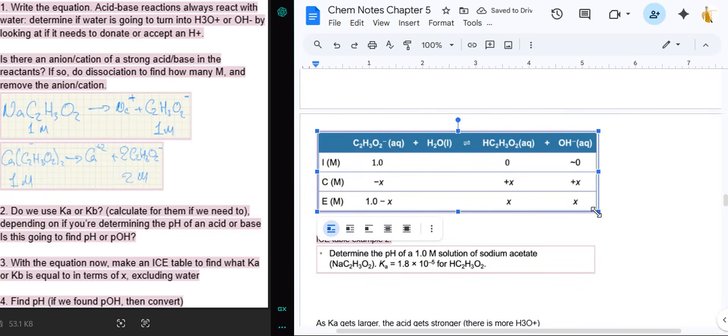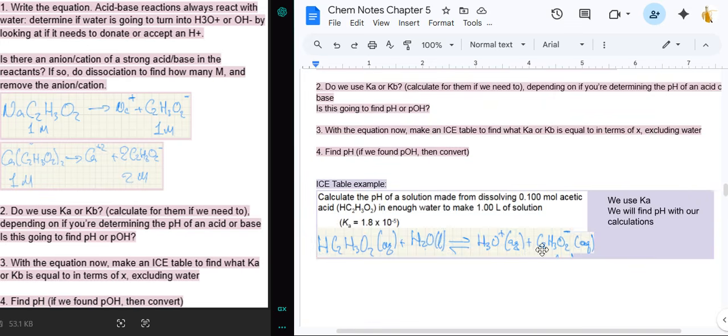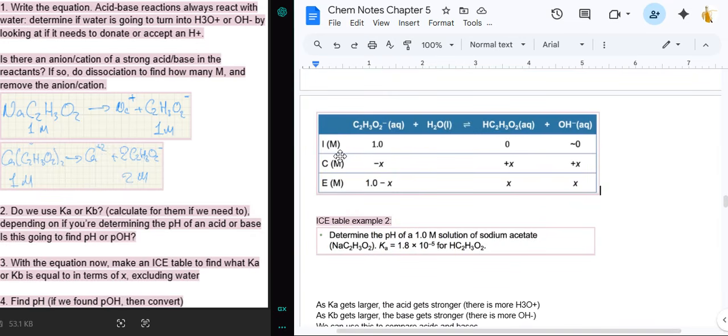It's just an example. We set up the table under our equation, and make sure that what we put here in this column is in molarity, not moles, not other units.